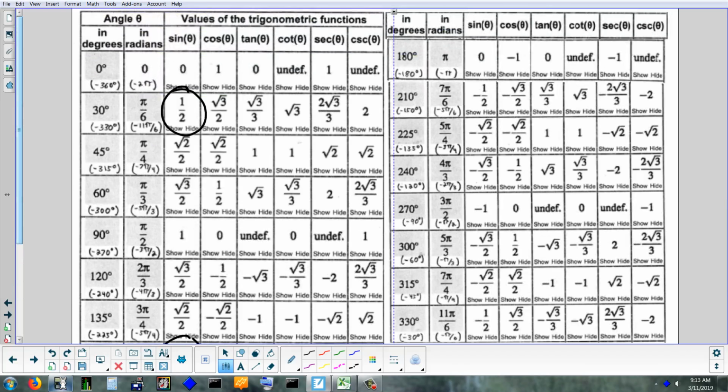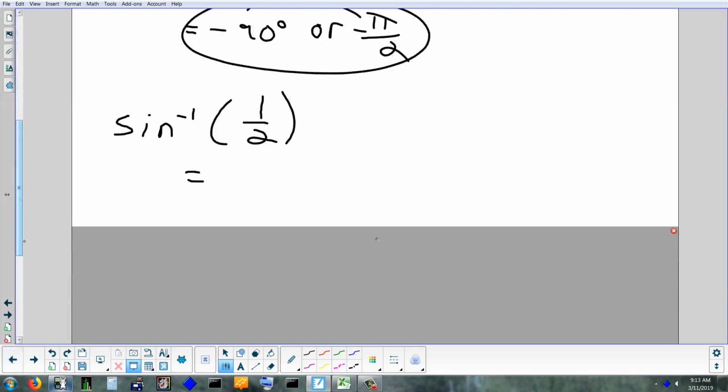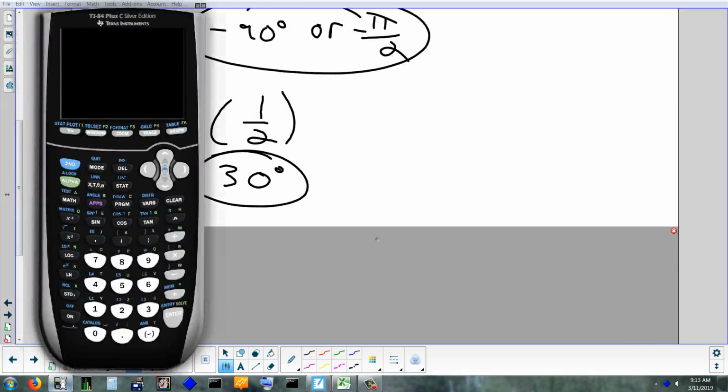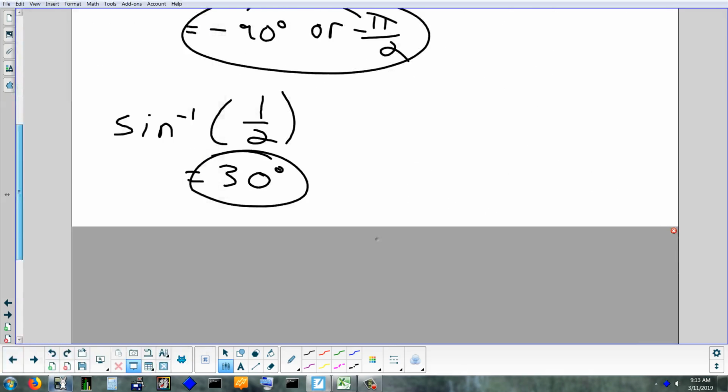It's under 90, and it's more than -90, right? Always looking for the one between -90 and 90. And if you wanted to check your answer, plug it in. Take the sine of 30, and yes, you do get 0.5.